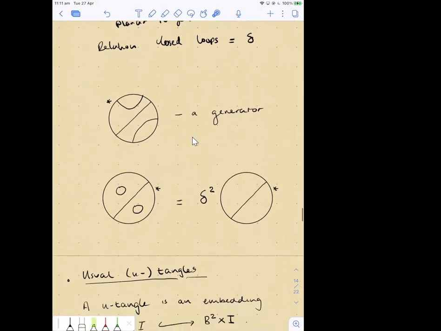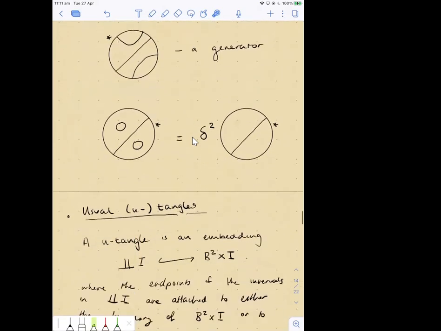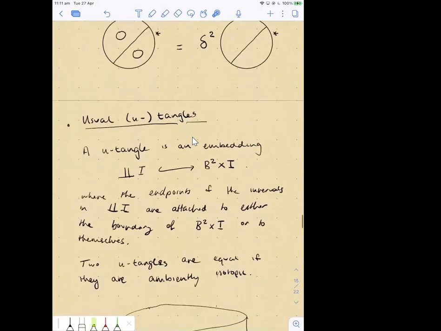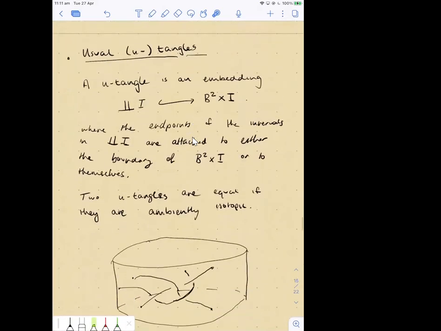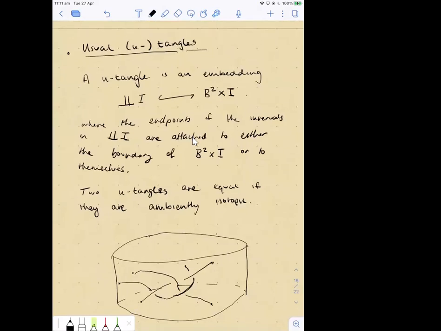So we can now go on to talking about more non-theoretic uses of this, which is where my interest comes in. So we go to usual tangles, or U-tangles.